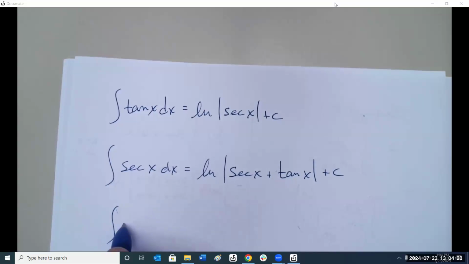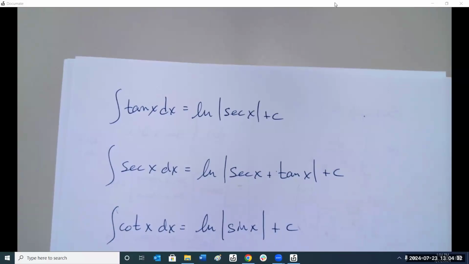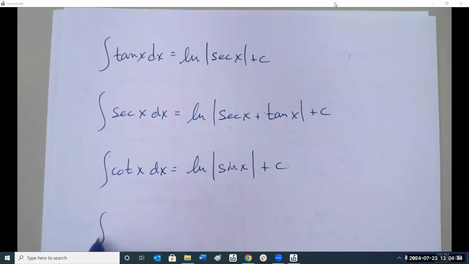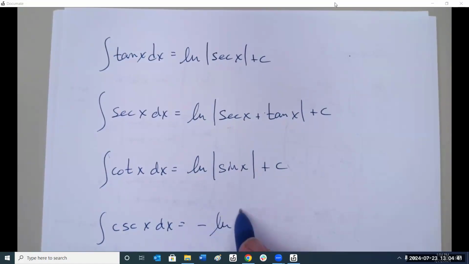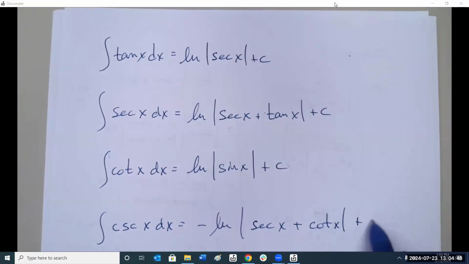The integral of cotangent x dx is equal to the ln of sine x plus c, and the integral of cosecant is equal to the negative of the ln of cosecant plus cotangent. This is the cosecant, it's just the opposite.